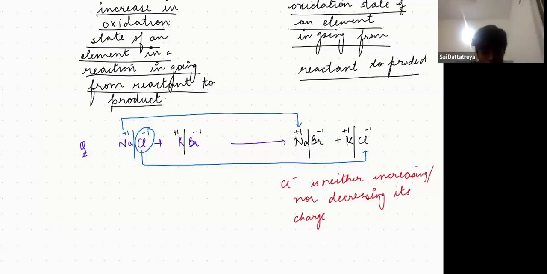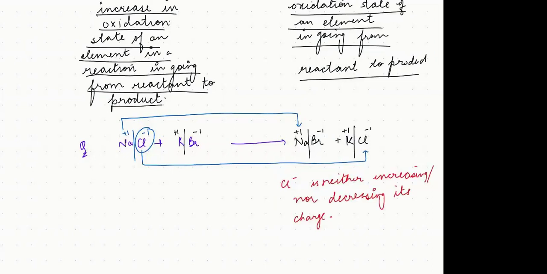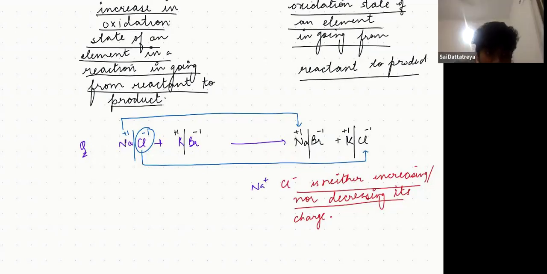So basically, Cl minus is neither increasing nor decreasing its charge. Which means what? That it is neither getting oxidized nor getting reduced. And the same with Na plus also: Na plus is neither increasing nor decreasing its charge, because oxygen and hydrogen are not involved in the reaction.